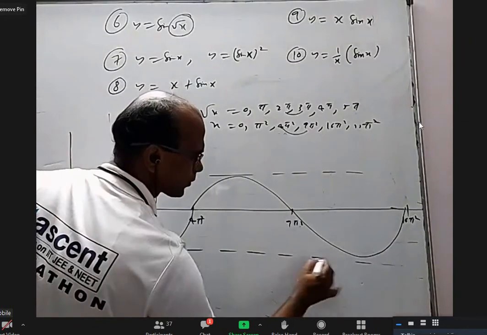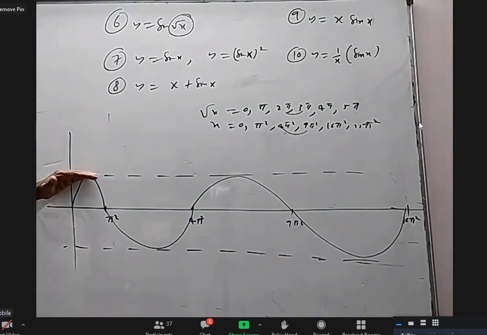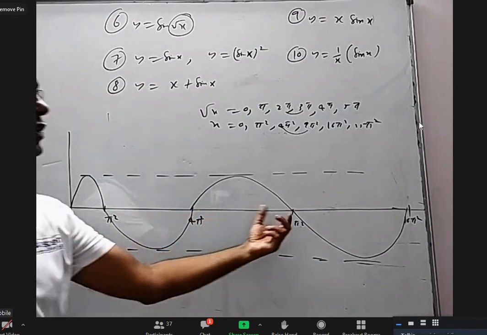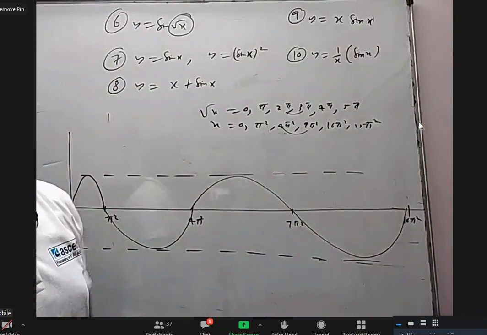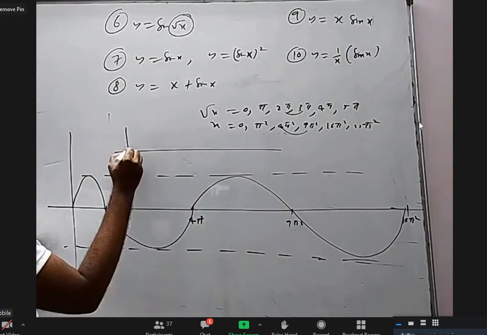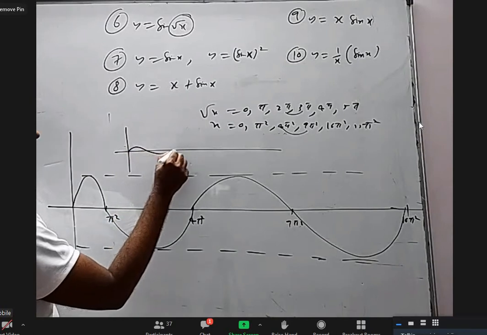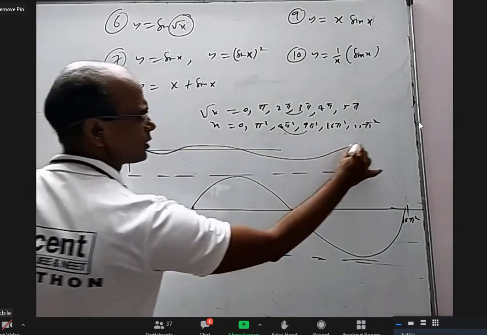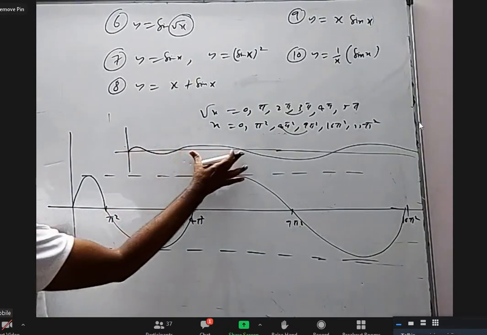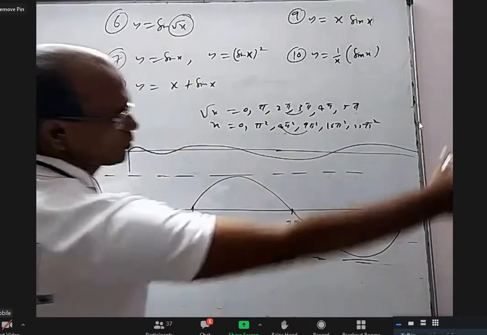So maximum is 1, minimum -1, but this width, this width, this width keep on increasing. If I draw properly, the graph will be like this. You can see compared to this, this has more width, this has much more width, this has much more width. Am I right?